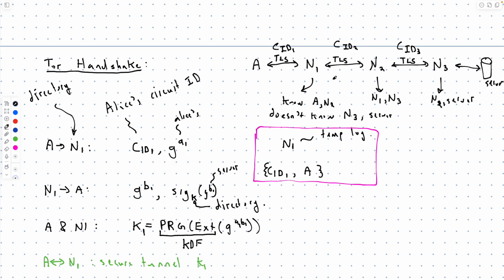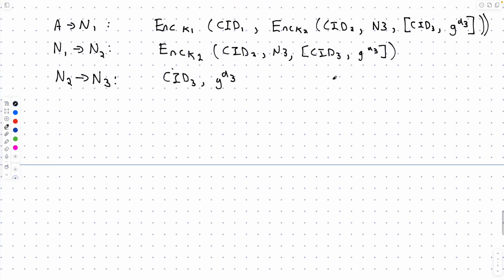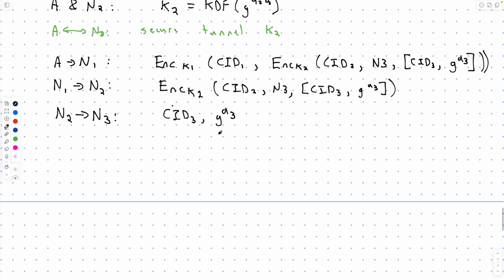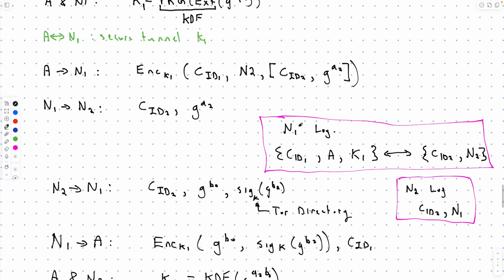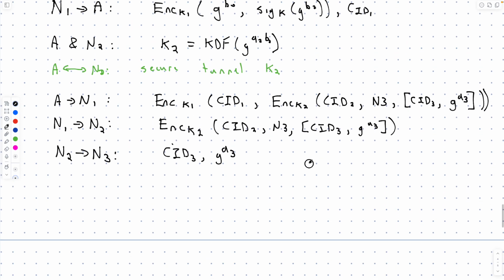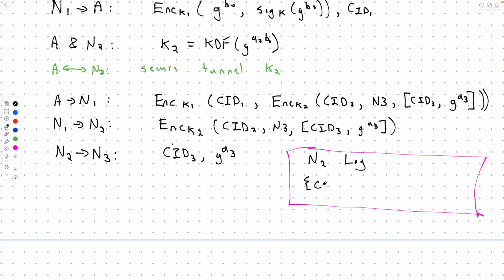So we have this. Now N2 can update its log. So N2 knows that it has CID2.